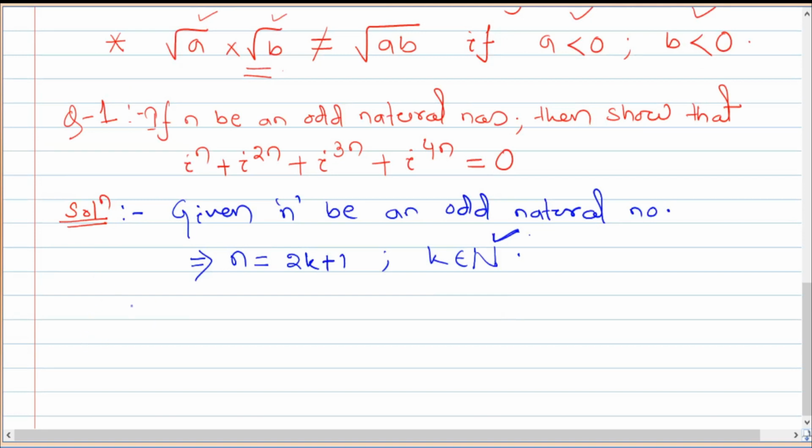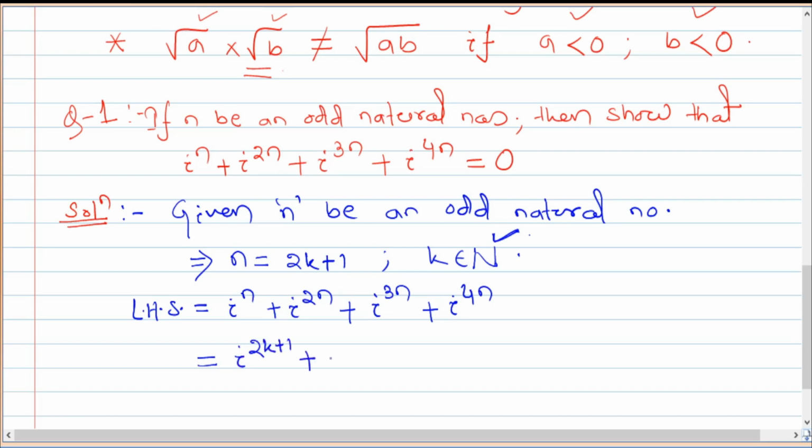That is the question, LHS. LHS is equal to i to power n plus i to power 2n plus i to power 3n plus i to power 4n. That is nothing but i to power n, where n means 2k plus 1, plus i to power 2 into 2k plus 1, plus i to power 3 into 2k plus 1, plus i to power 4 into 2k plus 1.